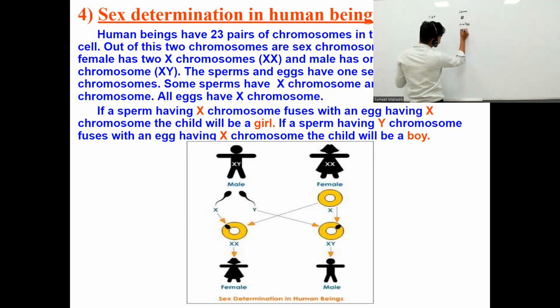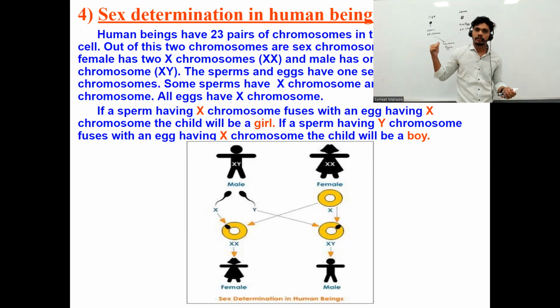How many chromosomes? 23 chromosomes. Now they combine to form 46 chromosomes, that is the zygote. Correct? Can you predict the sex? No, at this moment we can't, because no information is given.